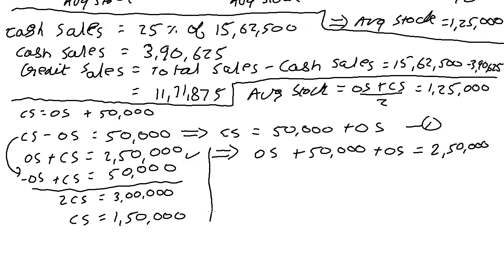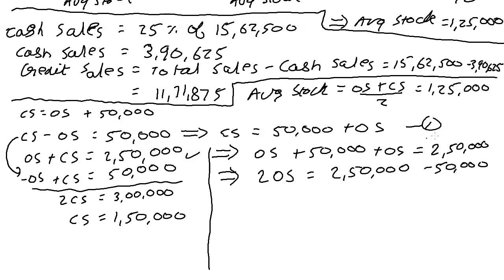Continuing here, 2 times opening stock is equal to 2,50,000 minus 50,000. Then 2 times opening stock is equal to 2 lakhs, and therefore opening stock is equal to 1 lakh.